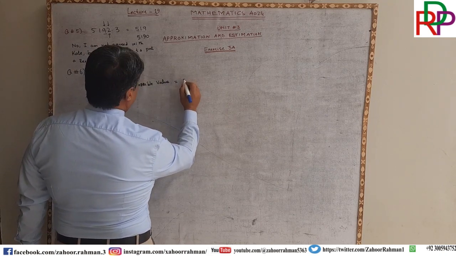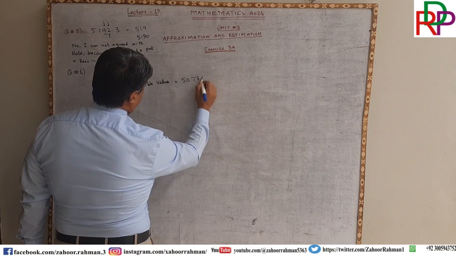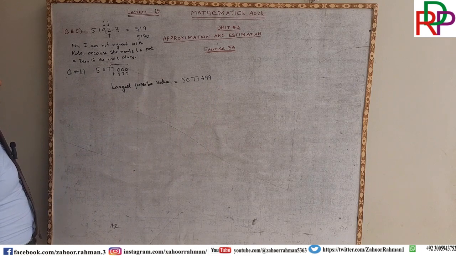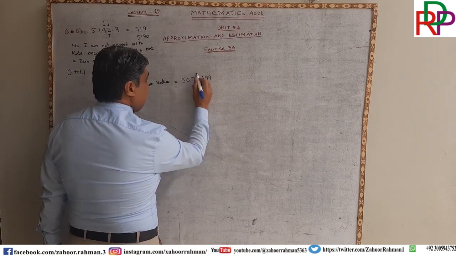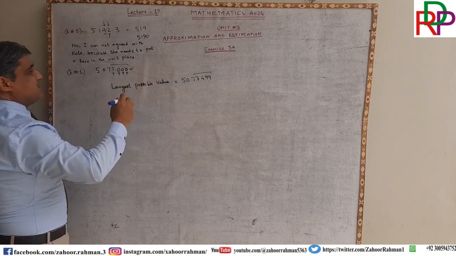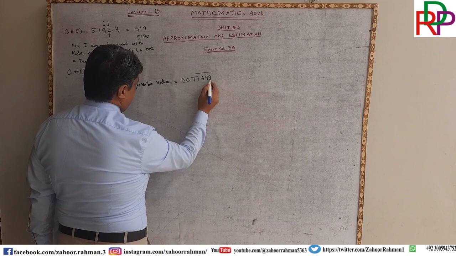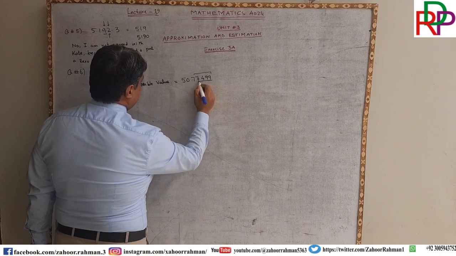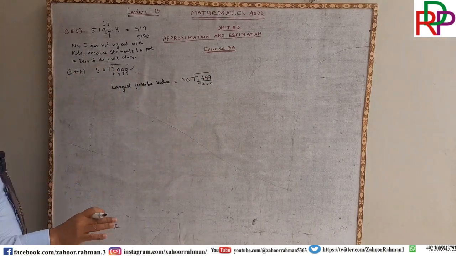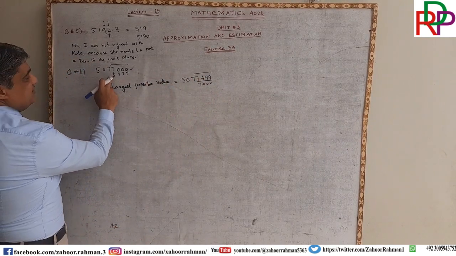is equal to 507,499. So if we are rounding this value, then it will come to be this value. 507,499 is nearly equal to 507,000, because if it is 1 greater than 499, then this would not be the answer.